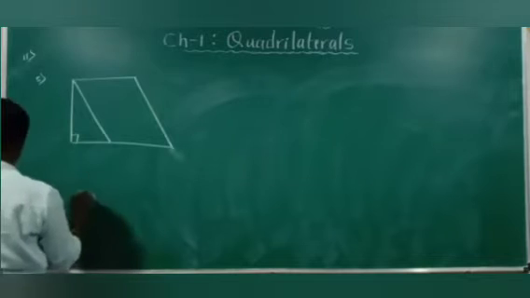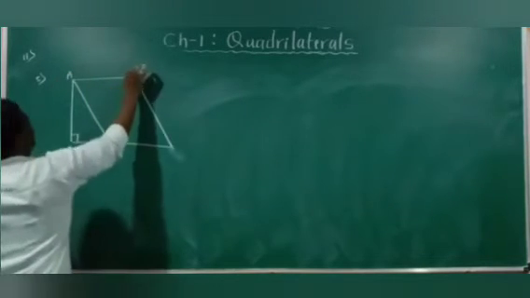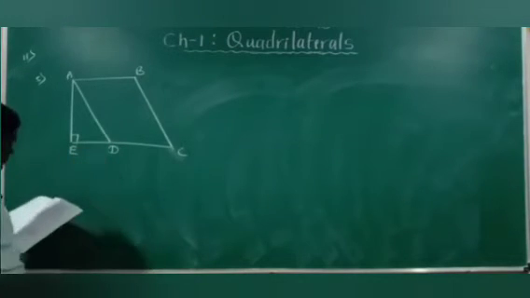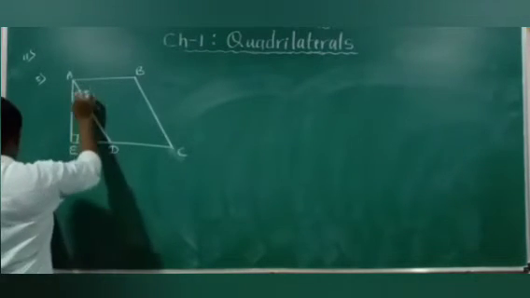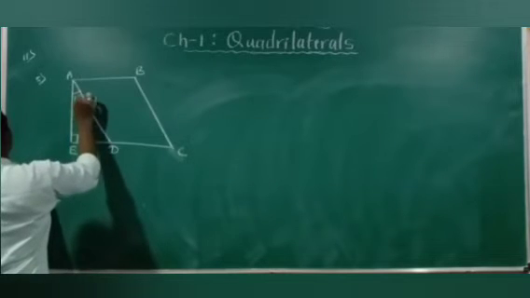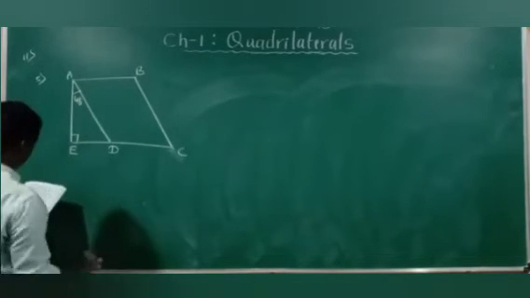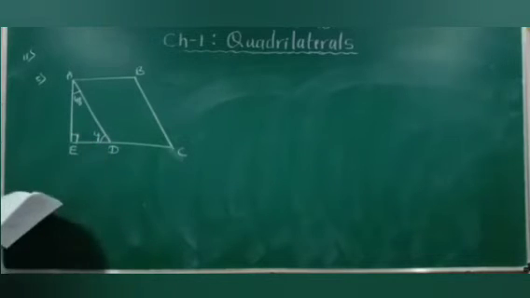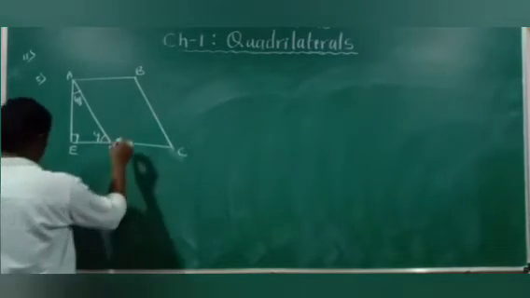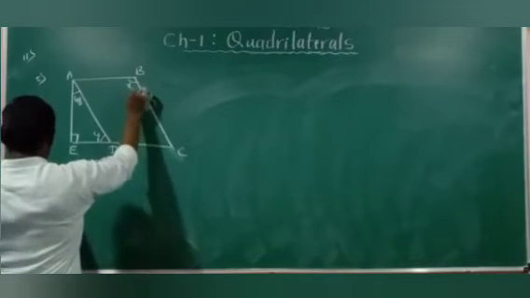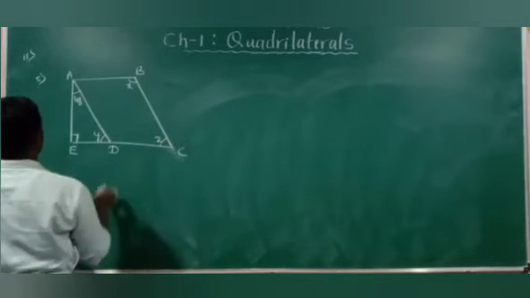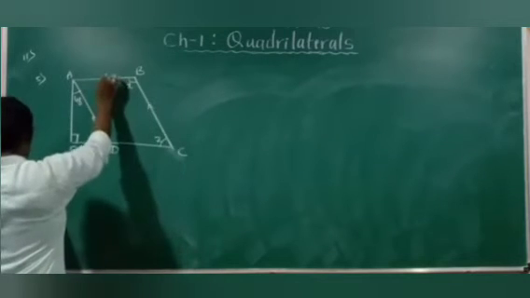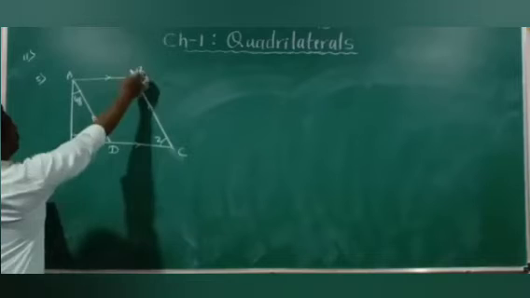Take A, B, C, D and E. Angle A is 48 and this is Y. This mark indicates 90 degrees, and this is X and this is Z. These two sides are equal and parallel: AB is equal to DC.